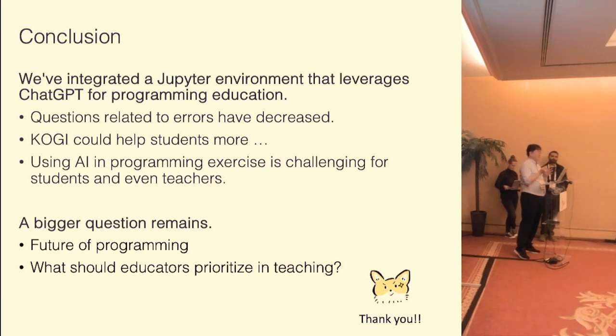But I think it is a really bad thing, and students also know that it's bad and meaningless. So I believe the students try to understand what the code is like from AI. Is that okay?